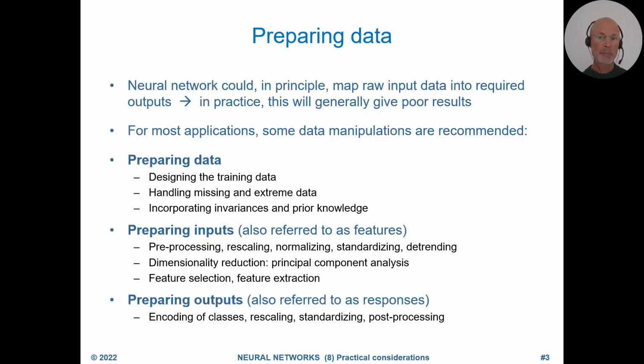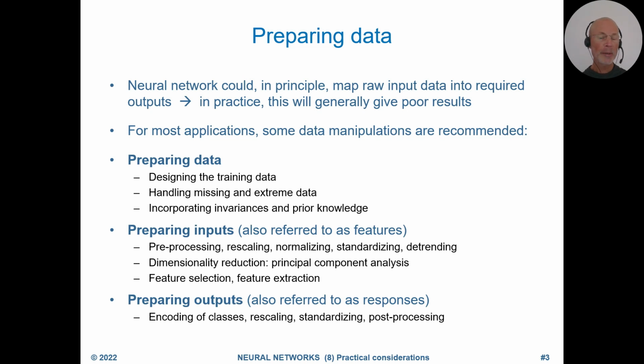The first step is preparing data, because in practice neural networks generally give poor results if we apply them to the raw input data. Therefore, for most applications, some data pre-processing is recommended, such as preparing data, which means designing the training data, handling missing data and outliers, incorporating invariances and some prior knowledge.